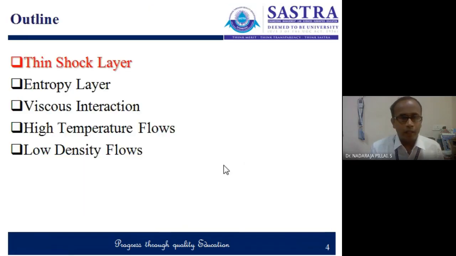So these are the characteristic phenomena we know: thin shock layer, entropy layer, viscous interaction, then high temperature flows and low density flows.